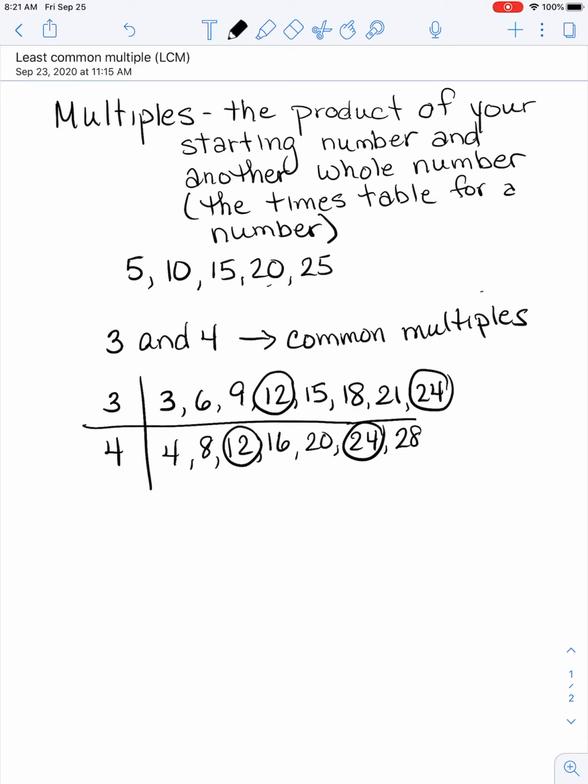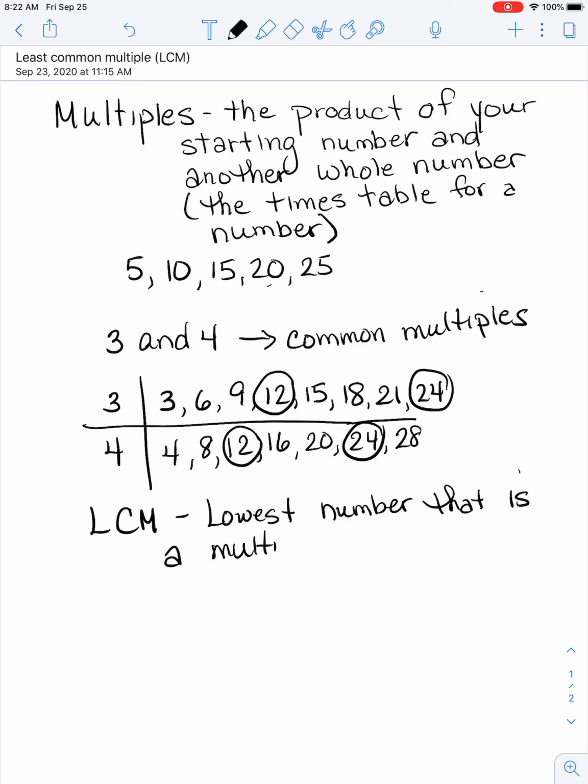No. Okay, so because these are common multiples, now we're going to look for the least common multiple, or the lowest number that is a multiple of both.